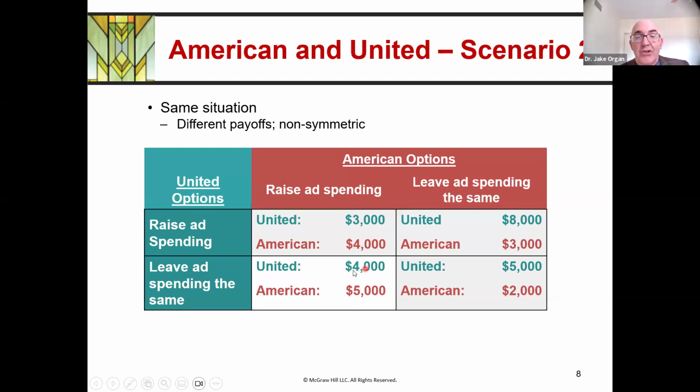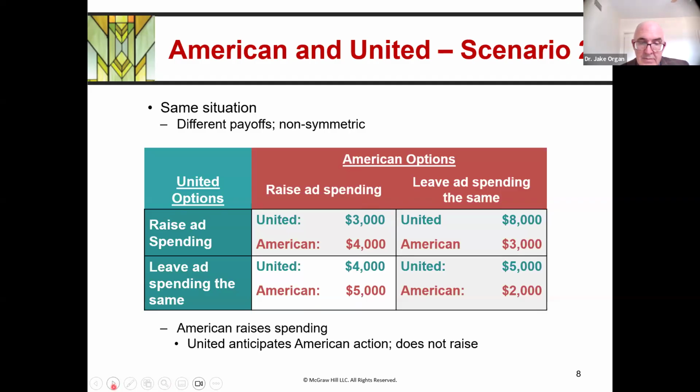So it's actually not a dominant strategy. And so ultimately, if American raises ad spending, they're going to leave ad spending the same because it's better for them, and so you're going to end up in that matrix. So the Nash equilibrium is different based on the different payoffs. Yeah, so it's this one. This cell is a Nash equilibrium.